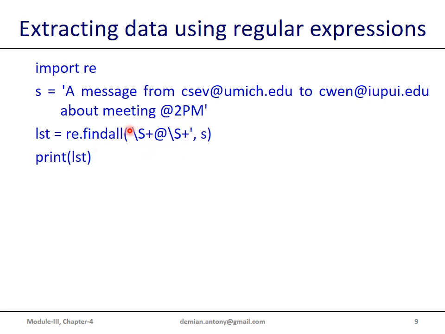It means that it returns the set of patterns which match this regular expression. And remember that an email ID has two parts. One is a username, then the @ symbol followed by the domain name. So this portion of the RE is the regular expression for the username, and this is for the domain name.